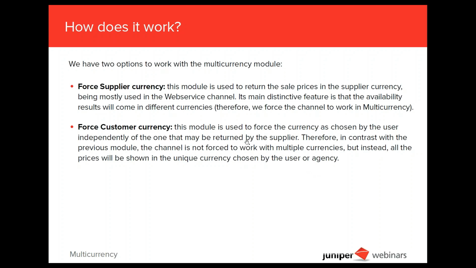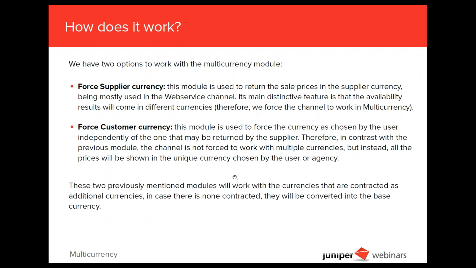So as you can see, with the first option, the user will see all the different prices according to the supplier price, and in the second type of multicurrency, they will have the option to choose the currency in which they want to see all the offers.